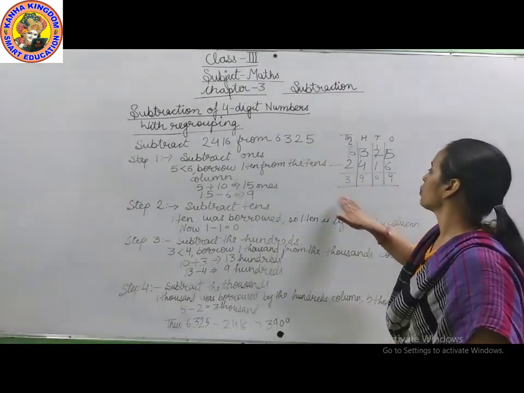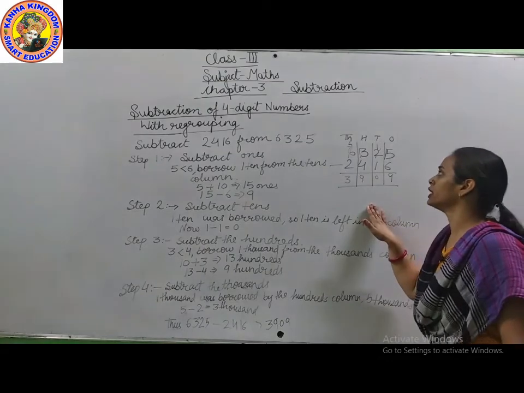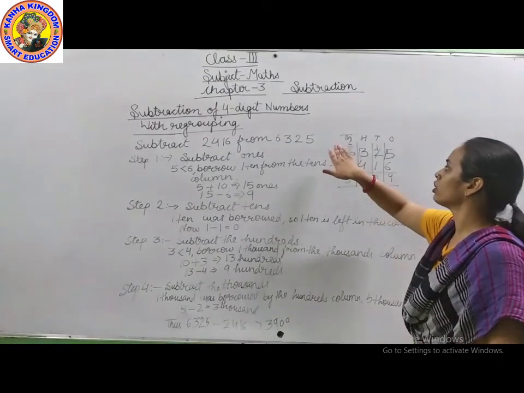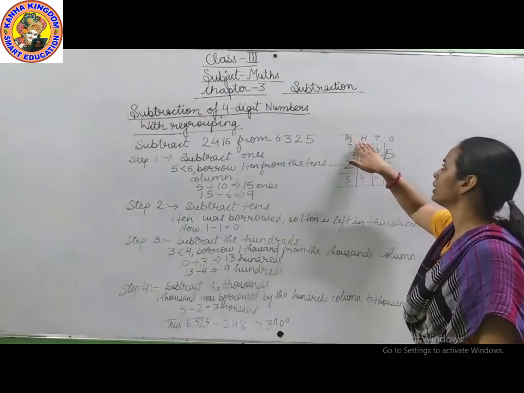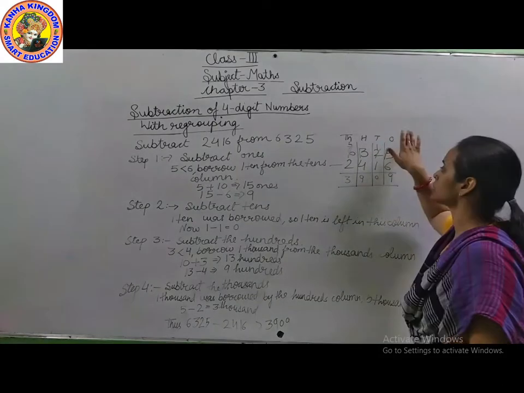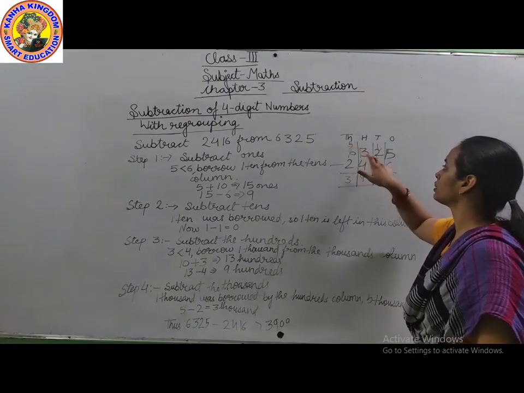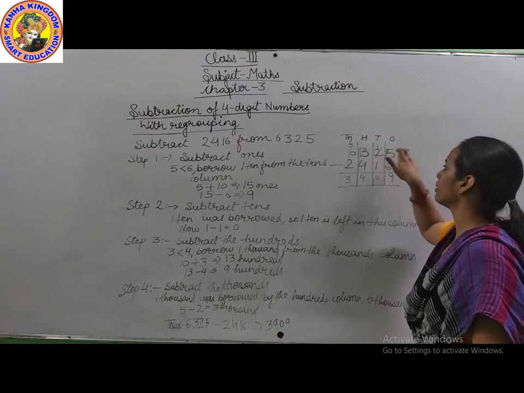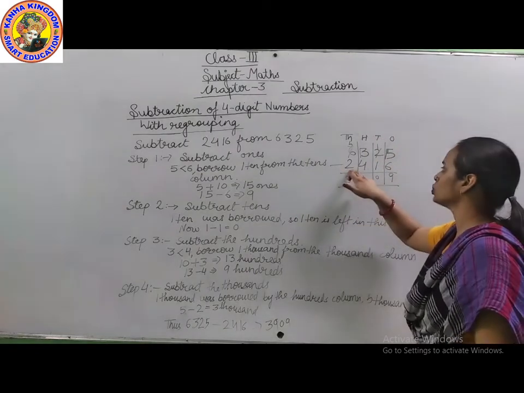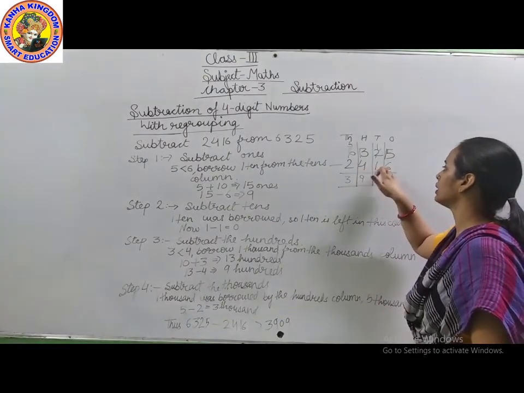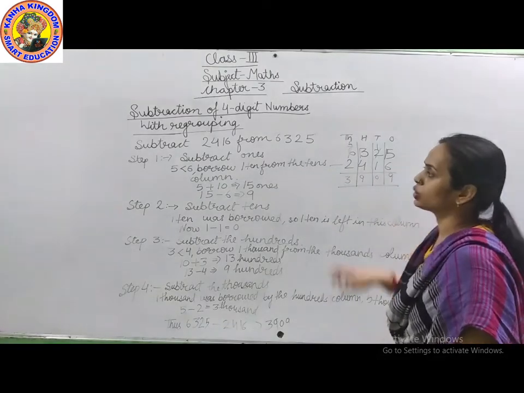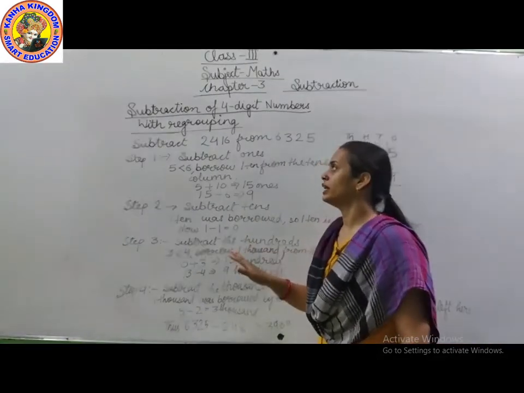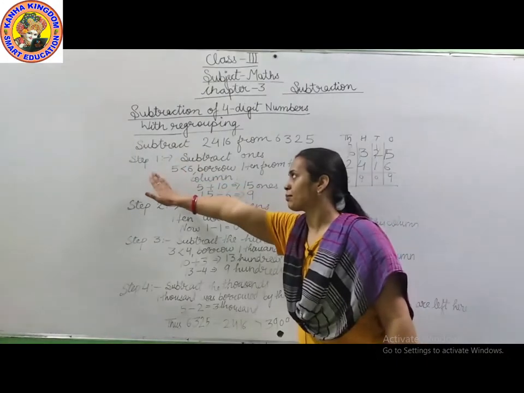So first we arrange the numbers in a vertical column: thousands, hundreds, tens, ones. So 6325 minus 2416. We subtract it in steps.